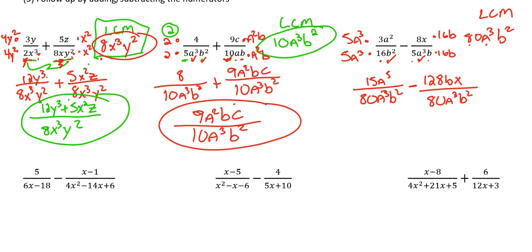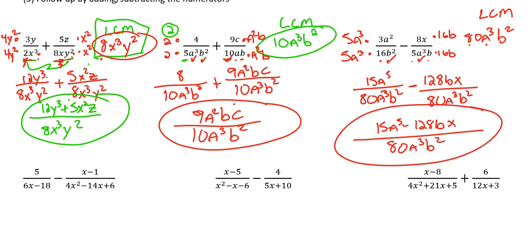And then the last step would be to do the actual subtraction, so it'll be 15a to the 5th minus 128 bx over 80 a cubed b squared. Annoying, but that's how you do it.